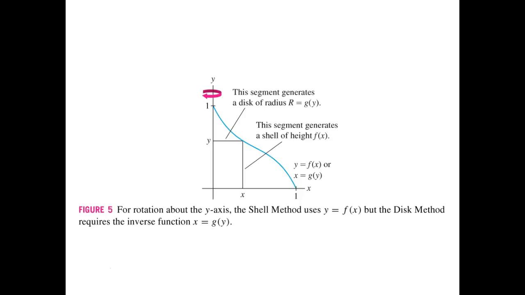They say a little bit more in that. But when you're using the shell method, the shell height is always parallel to the axis of rotation. When using the disk method, the radius is perpendicular to the axis of rotation. So see whichever does best. All right?